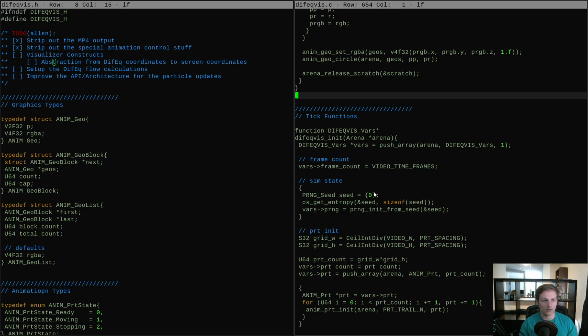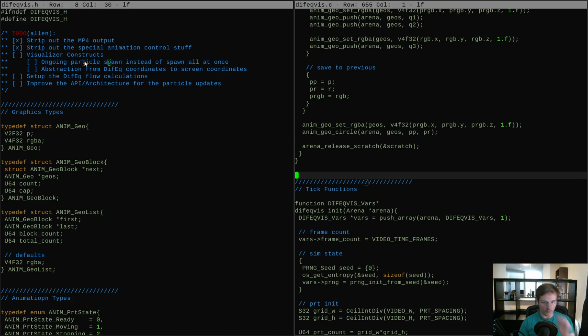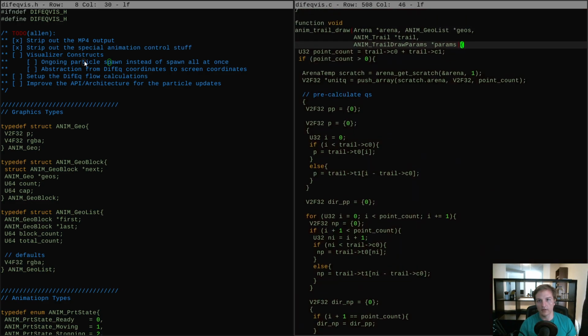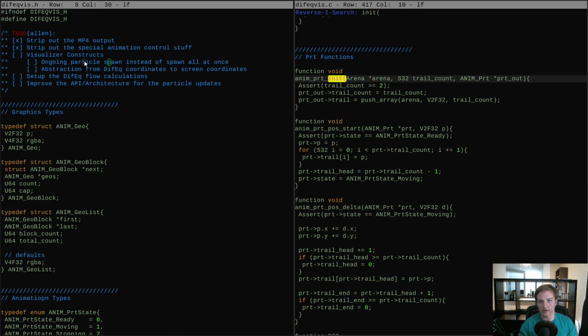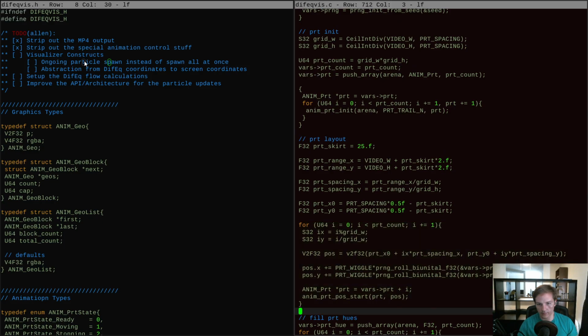And I think that deserves one of these guys. Ongoing particle spawn instead of spawn all at once, right? So, for instance, if during the init phase here I did not do any layout work, what would happen?